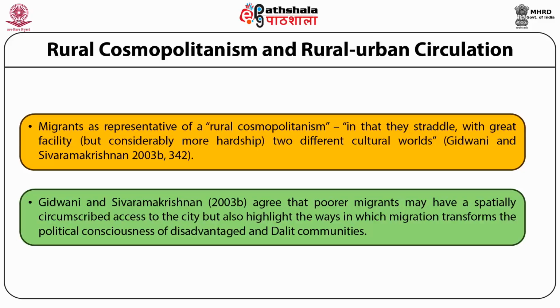These authors contrast the plebeian cosmopolitans, such as the domestic workers who migrate between Chennai and their homes in surrounding villages, and the patrician cosmopolitans who retain a foothold in both the city and the village. Gidwani and Sivaramakrishnan contend that circular migration bridges the divide between the conventionally urban and rural.